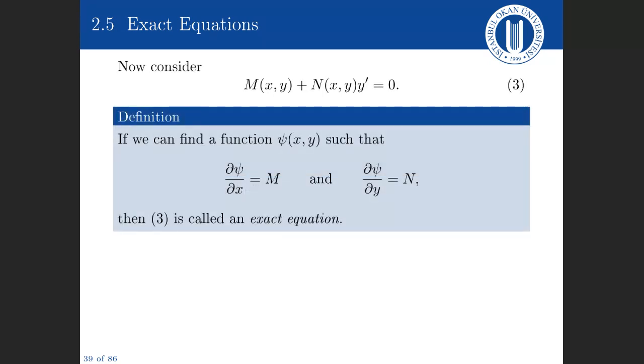Let's look at a more general equation. Let's look at M(x,y) + N(x,y) y' = 0. If we can find this special function psi such that dpsi/dx is M and dpsi/dy is equal to N, then equation 3 is called an exact equation.